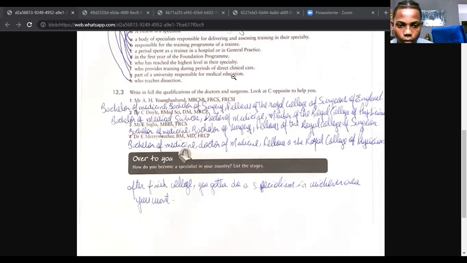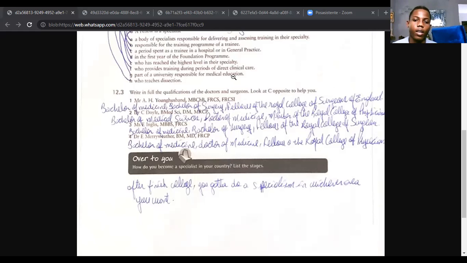Doctor C. Donnelly es bachillerato en ciencias médicas, doctor en medicina, miembro del Real Colegio de Físicos. MS English es bachillerato en medicina, bachillerato en cirugía y pertenece al Real Colegio de Cirujanos. Doctor Meriwether es bachillerato en medicina, doctor en medicina, perteneciente al Real Colegio de Físicos.